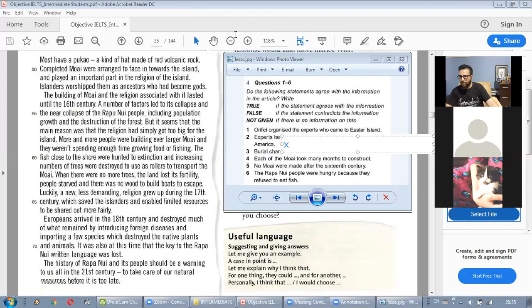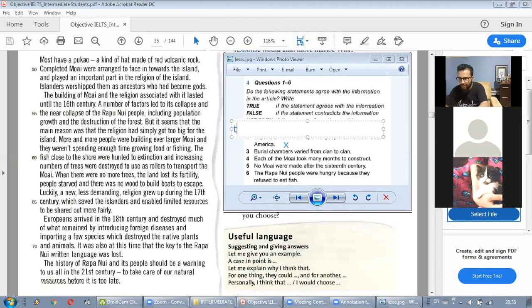Okay, what about number three? True. True for Rima. What about Aya? True. All right. What about number four? Not given. Not given. Okay. Number 5. True. True. Sorry, I haven't been writing the answers. My bad. Okay, so the first one you said is true. The second one, there was disagreement. The third one you said is true again.